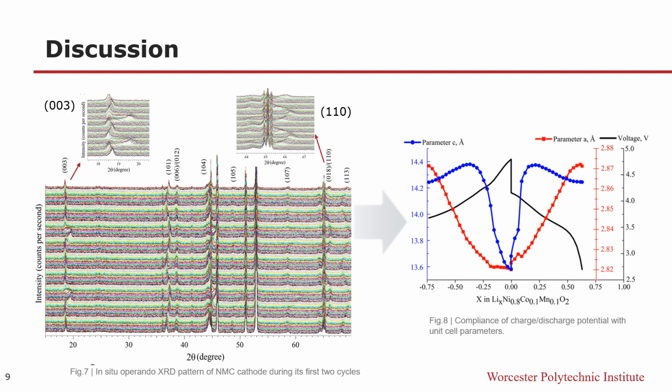At the fifth stage, the nickel vacancies are filled, so lithium intercalates only in the lithium layers, so the electrostatic repulsion of oxygen layers decreases, as does parameter C.